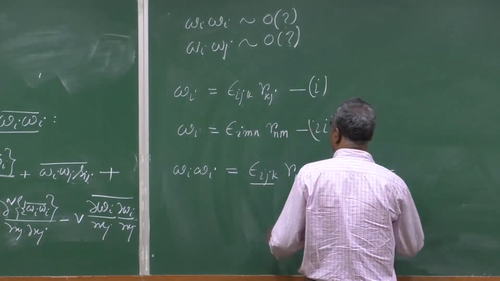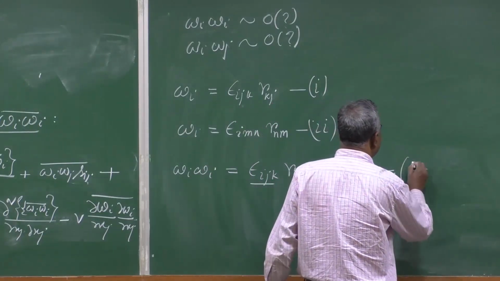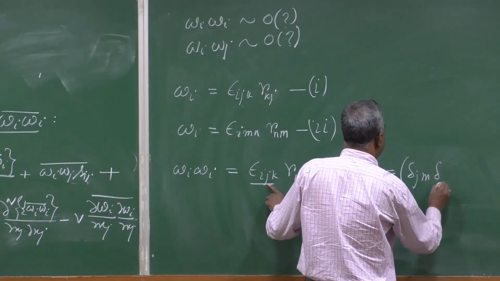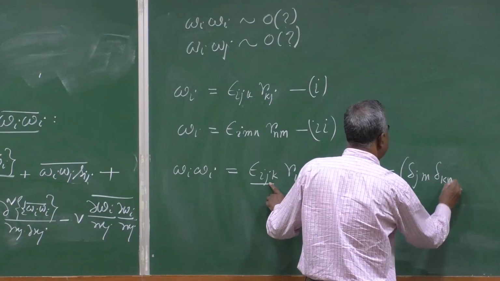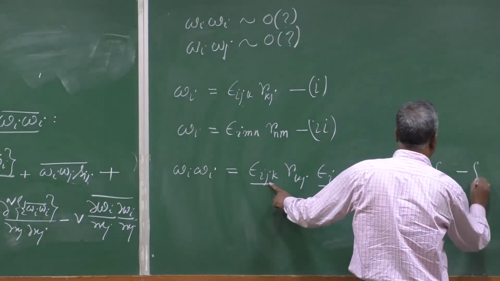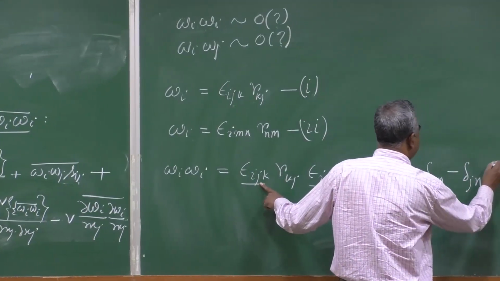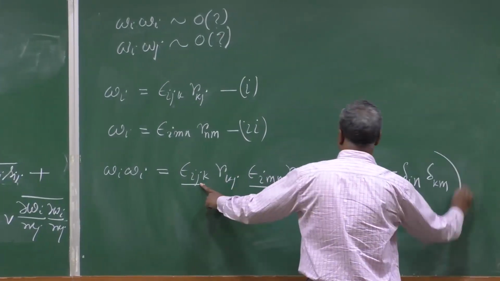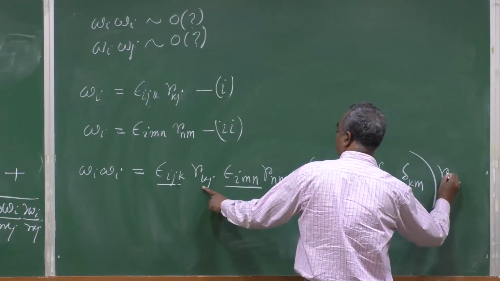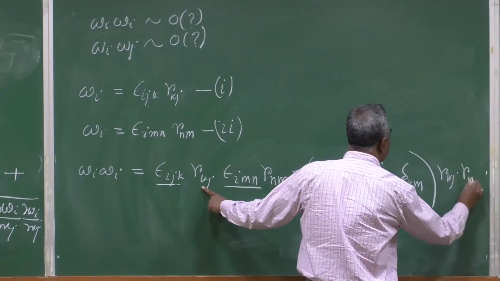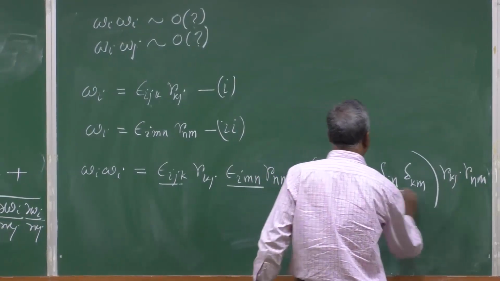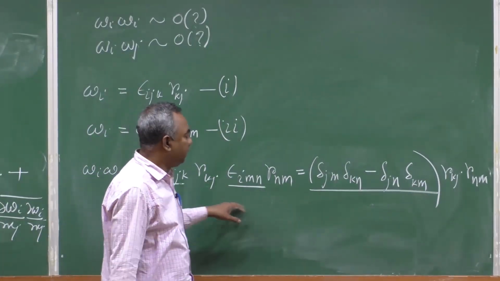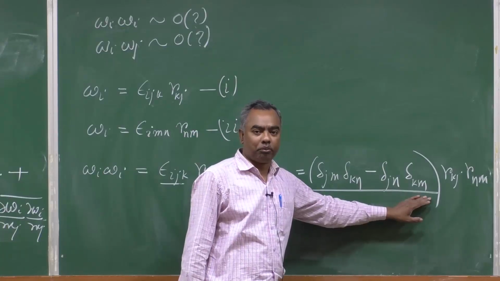So, these two can be written as delta j m delta k n minus delta j n delta k m, into r k j r n m. Okay. So, this relation, epsilon I j k into epsilon I m n, is known as the epsilon delta relation.